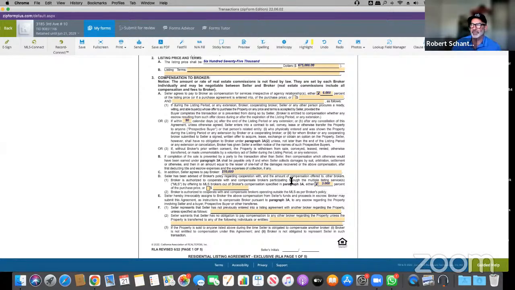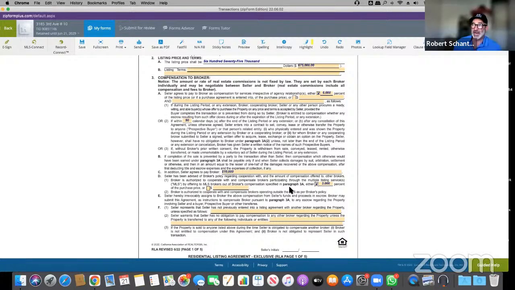Okay. This is sometimes confusing because sellers will look at that and they'll go, well, am I paying 9% or am I paying 6%? And your answer is you're paying 6% because when you read 3D1, broker is authorized to cooperate with and compensate brokers. So in other words, we pay the other broker, not the seller. The seller pays the 3% or the 6%, and this split portion is paid by our brokerage to the other brokerage.